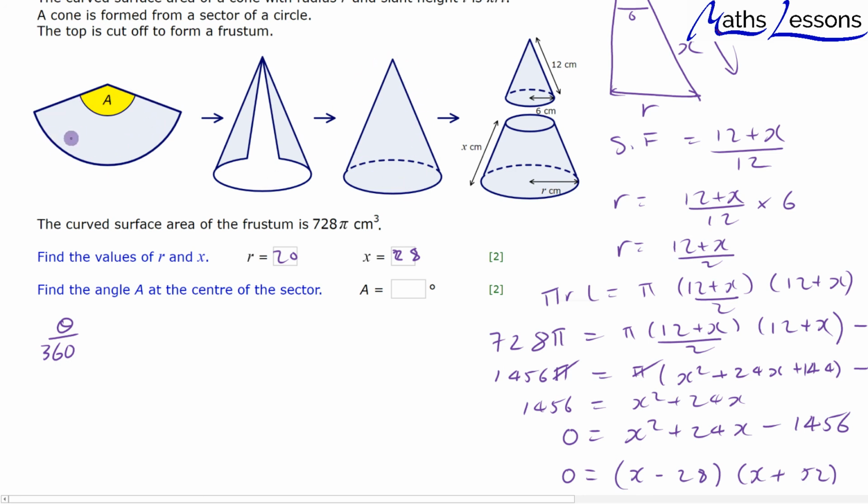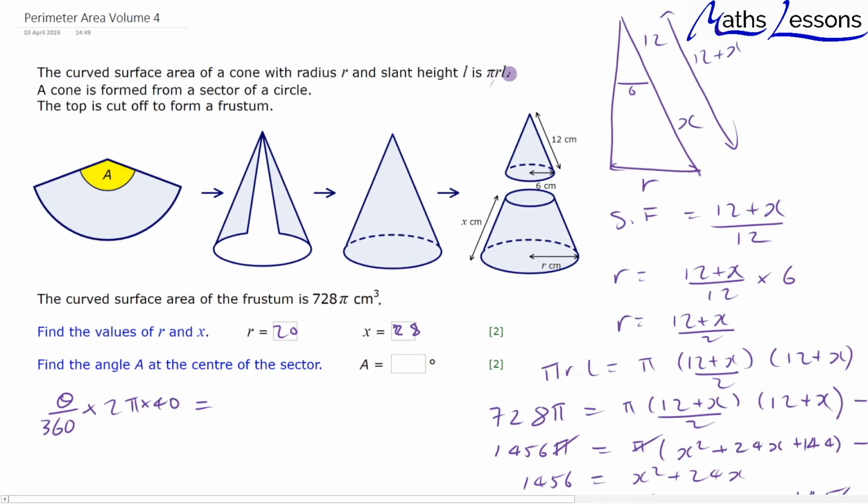So that's going to be equal to, let me just think, 2 times pi times that length there, which we know to be 40. And that must also equal pi r L. Now we know L is equal to 40 here, and we know that r is equal to 20.